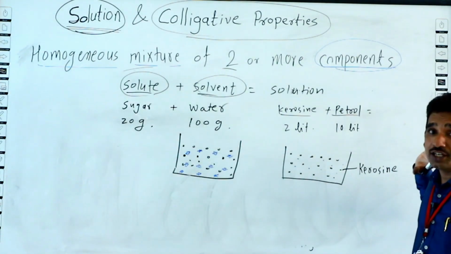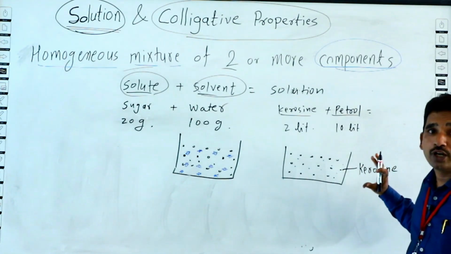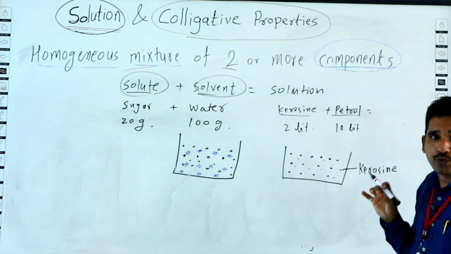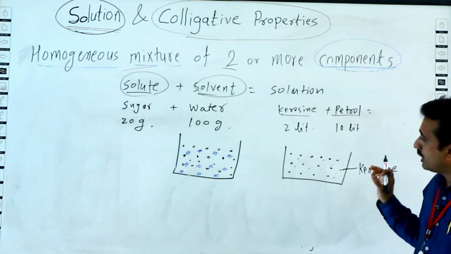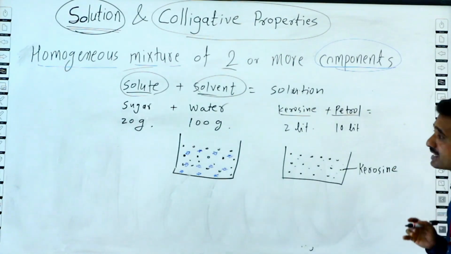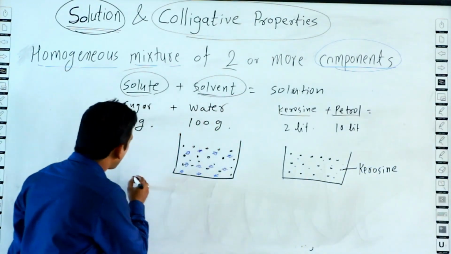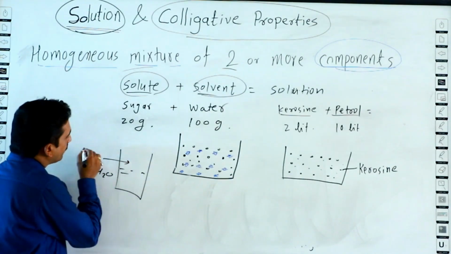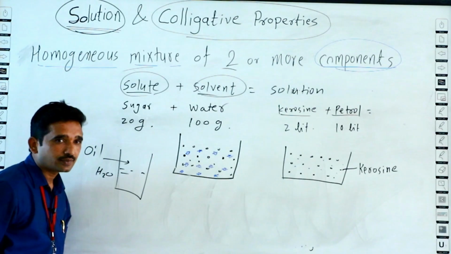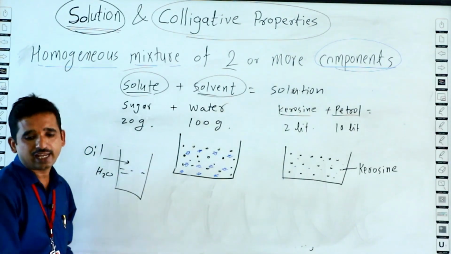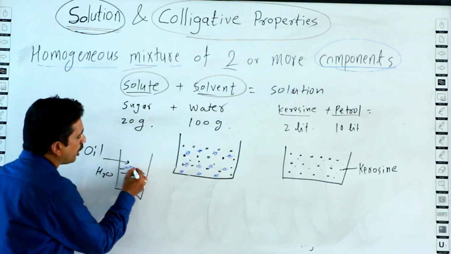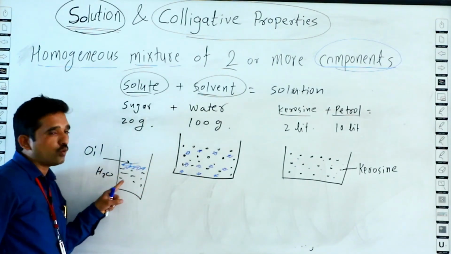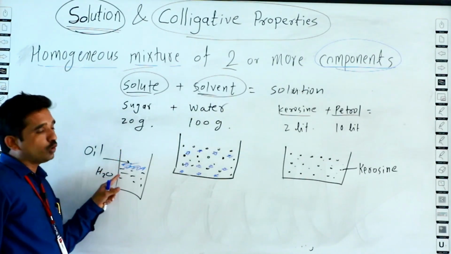There is a condition: all the components must be in the same phase, one phase, single phase. If there are 2 or more phases, for example if we add oil in water H2O, there are 2 layers, one layer of oil while the other layer is water.